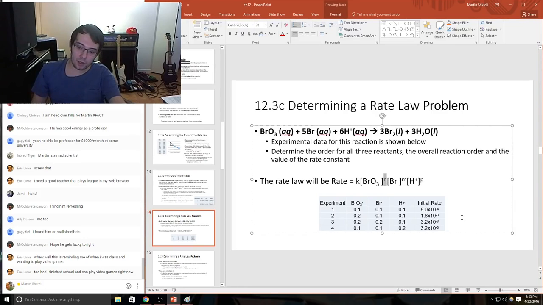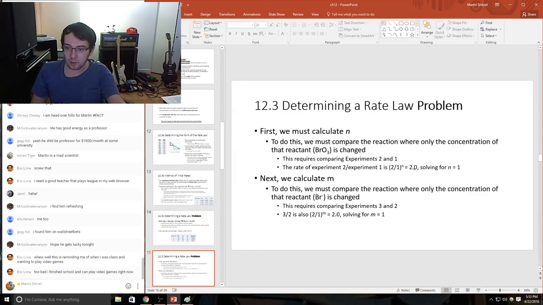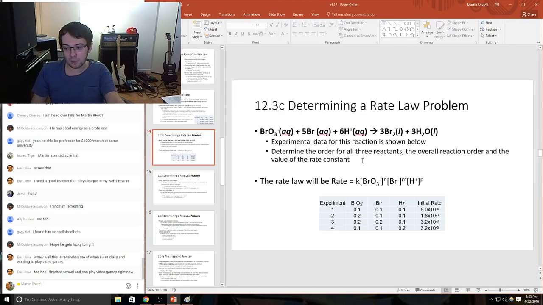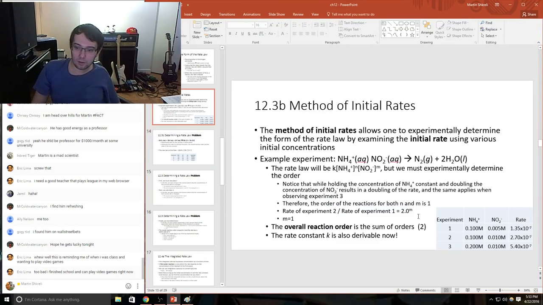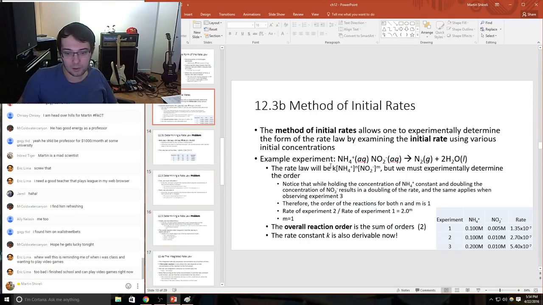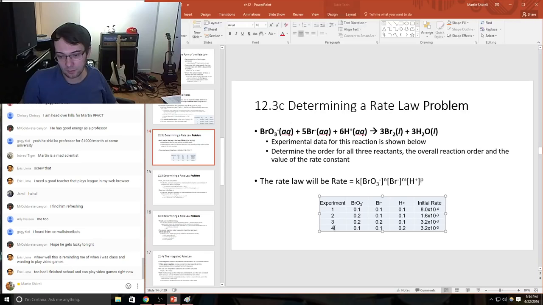If you carry on solving this, for the hydrogen, if you do the reaction rate of the hydrogen, you'll find that it's 4 times faster, interestingly. If you look at experiment 1 versus experiment 4, it's actually 4 times faster. So 4 over 1, you have to do it like this. Look at the rate.